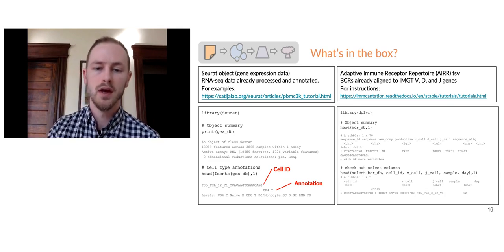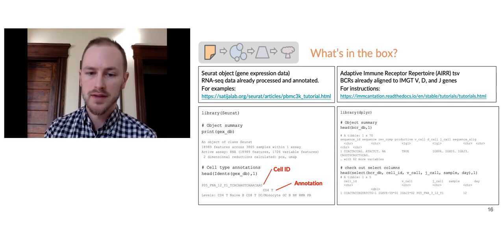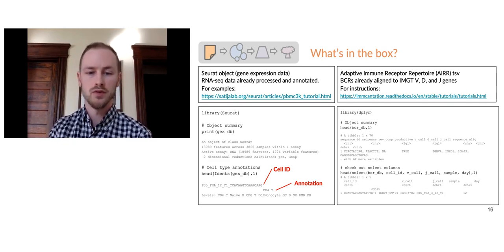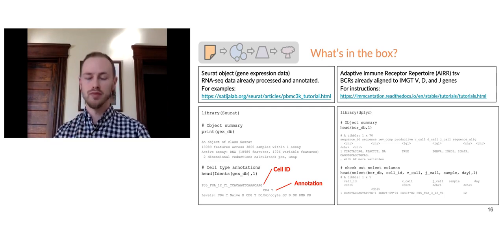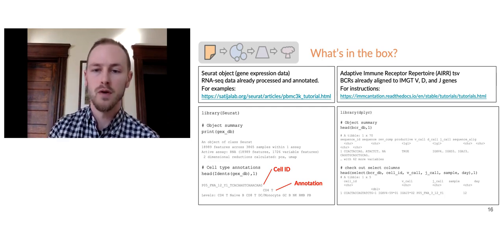The BCR table is in a format called Adaptive Immune Receptor Repertoire format, which is a community-sourced format that the AIR community put together and is designed to allow interoperability between different tools. So most BCR sequence data is in this format.